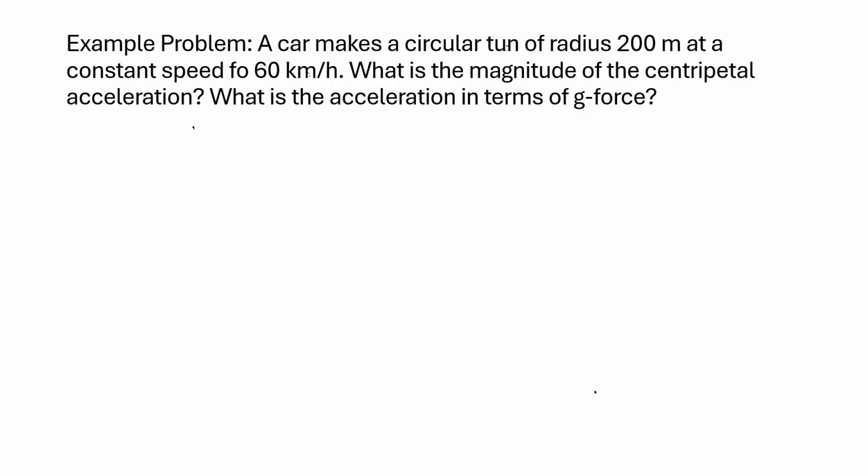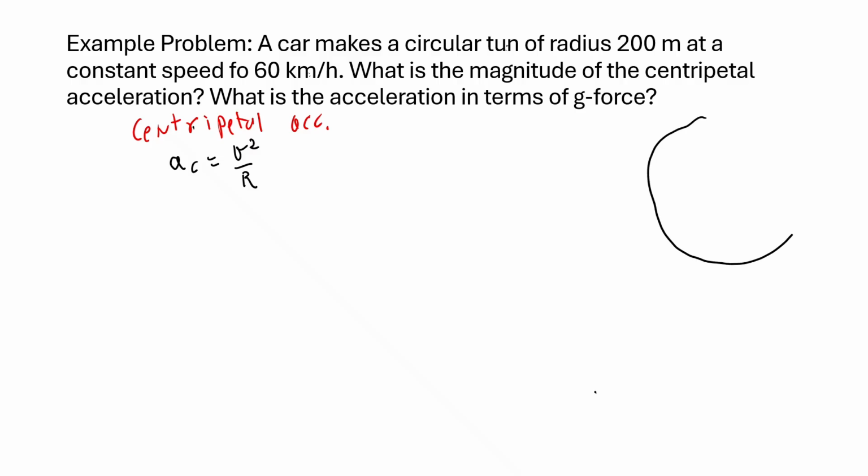So let's just do a quick review of centripetal acceleration. Our equation for that is centripetal acceleration equals v squared divided by r. Now in this case we've got a circular path, it's for circular motion.